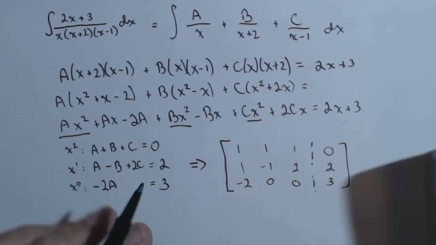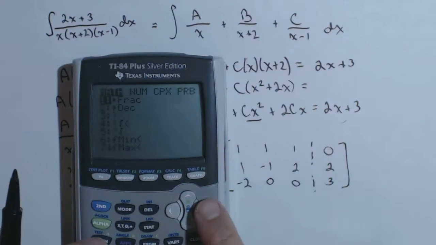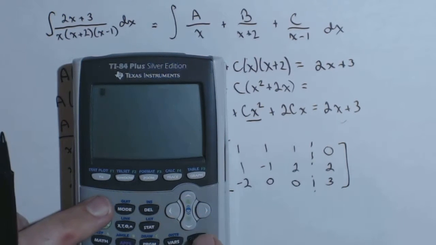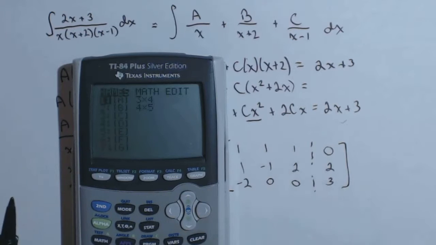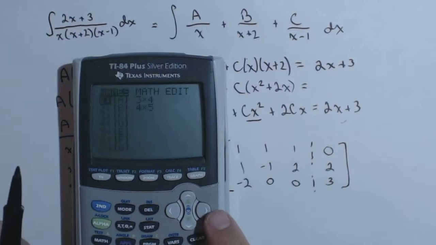Now I'm going to show you with the calculator how we can do this. So we're going to go to matrix right there. We're doing a 3 by 4, and I forgot a step. I'm going to edit it.